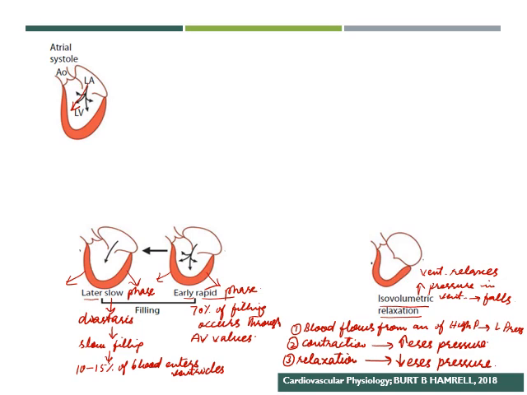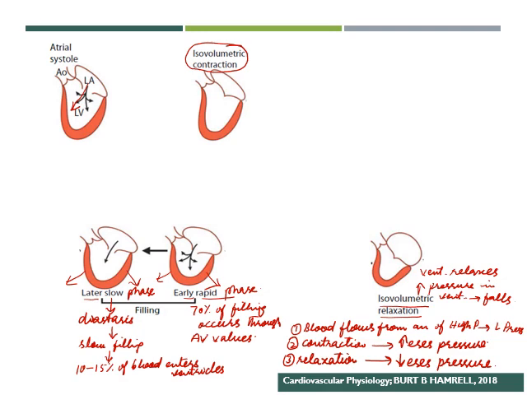When atria contract and push blood into the left and right ventricles, then after this phase all the valves close and isovolumic contraction begins.